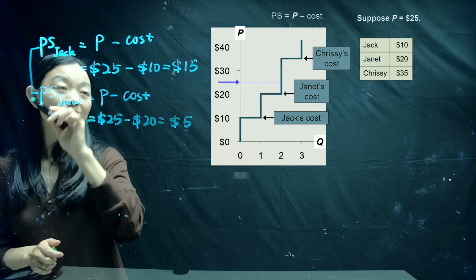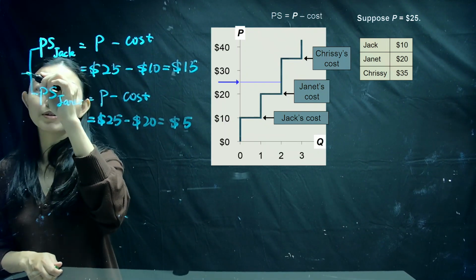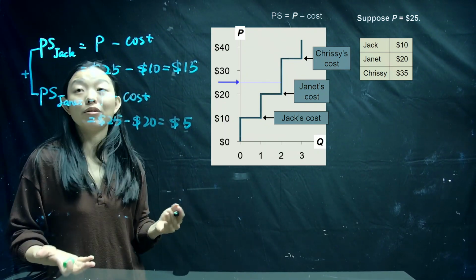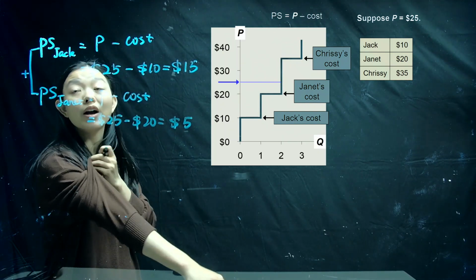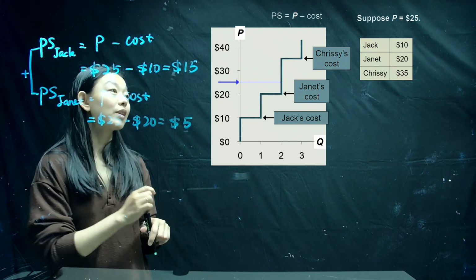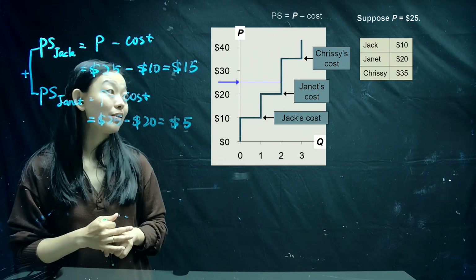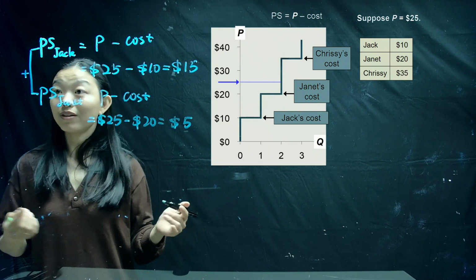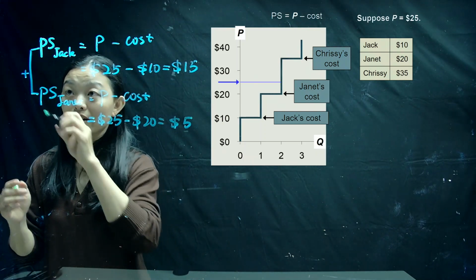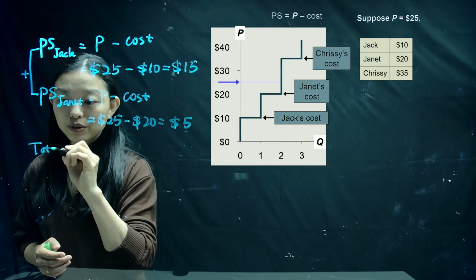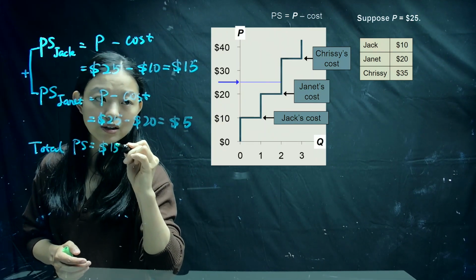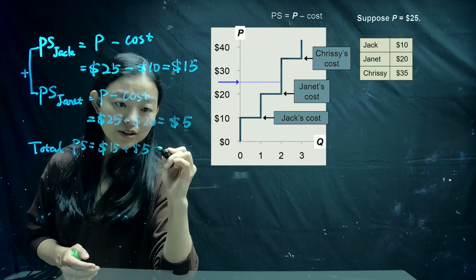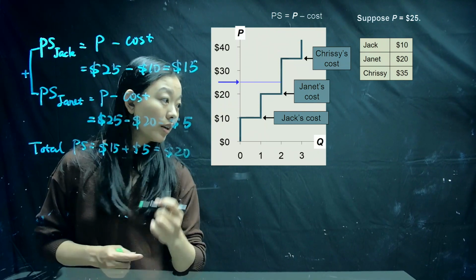And from here, we can get the total surplus of the market because Chrissy will not offer the lawn cutting services, as for her the cost will be $35, and now the market price is just 25. So Chrissy is not in the market. Therefore, we can get the total producer surplus will equal 15 plus $5, which will be $20.